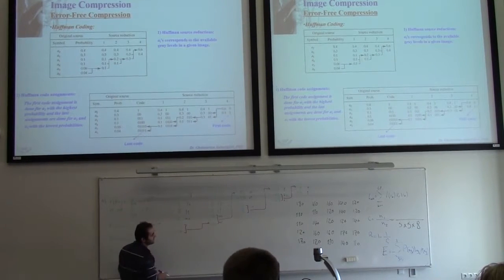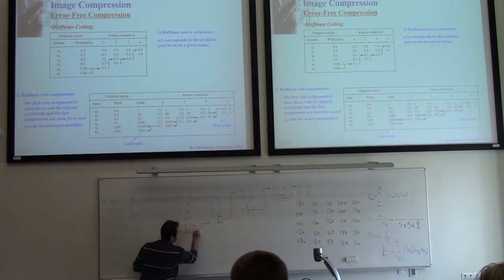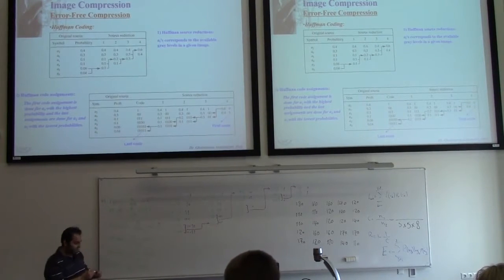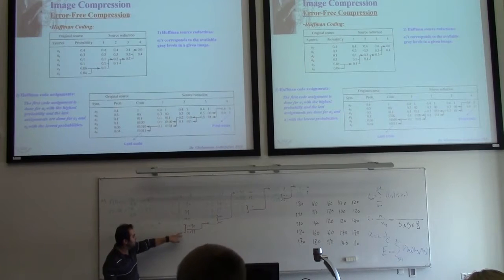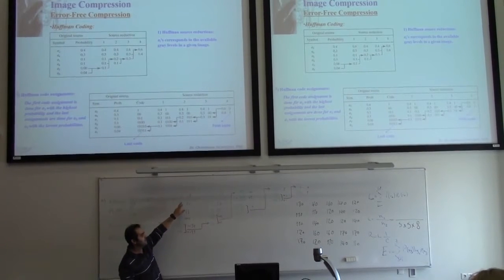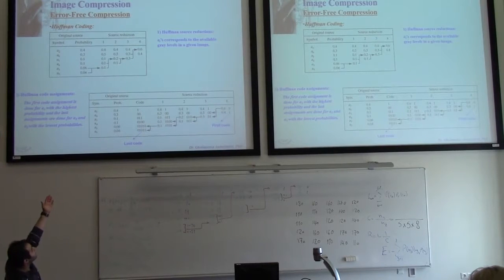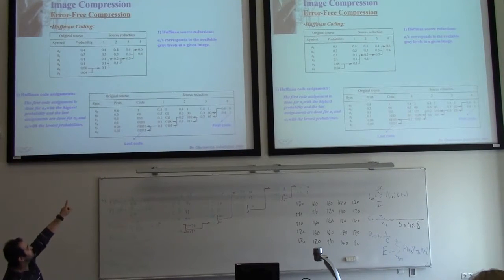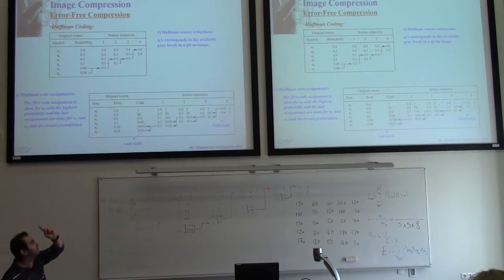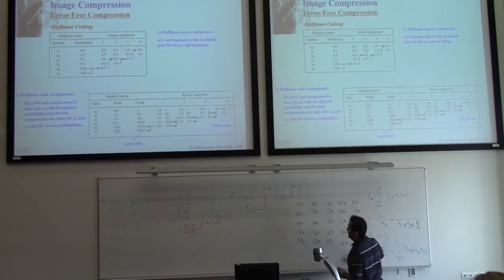But for this, we can add one more bit, 0 and 1. It means that for the lowest probability, we assign 4 bits. For the highest probability, in this example, we assign just 2 bits. But in that example, you see that for the highest probability, that is 0.4, we just assign 1 bit to the code.